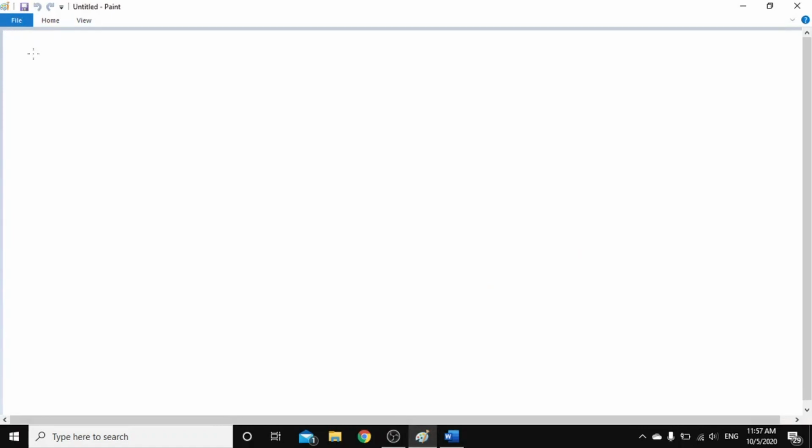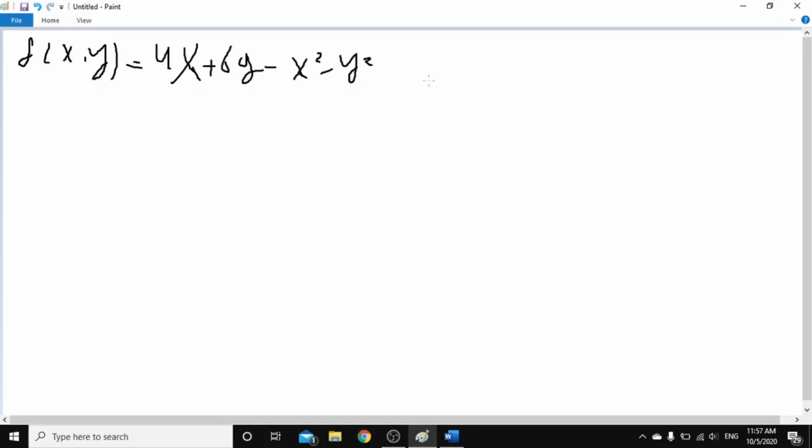For example, find the absolute extreme values of f(x, y) = 4x + 6y - x² - y². This function is over the rectangle R, the set of (x, y) with 0 ≤ x ≤ 4 and 0 ≤ y ≤ 5.